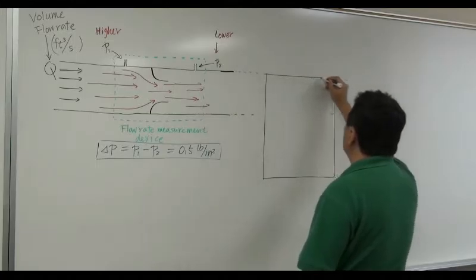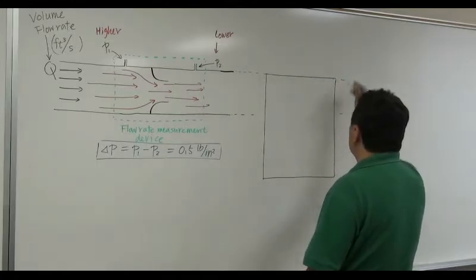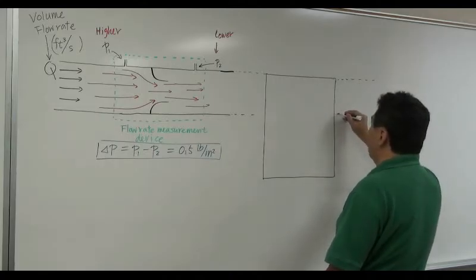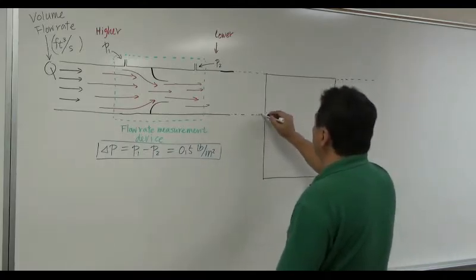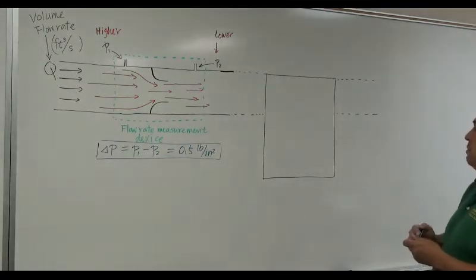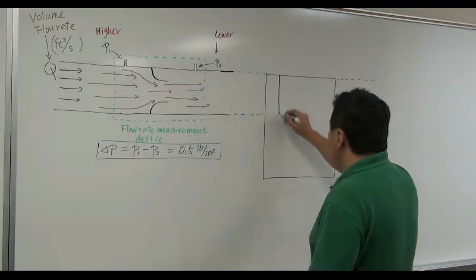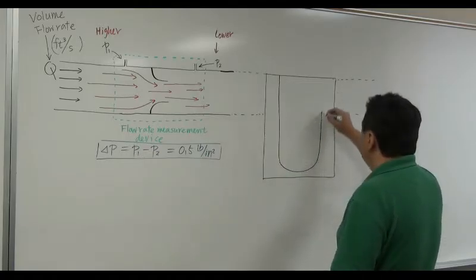So let's say this is a U-tube manometer panel, located here. Somewhere along the pipe, right next to the pipe, you're going to attach this panel, which has a U-tube. A U-tube is nothing but just a U-shaped tube.